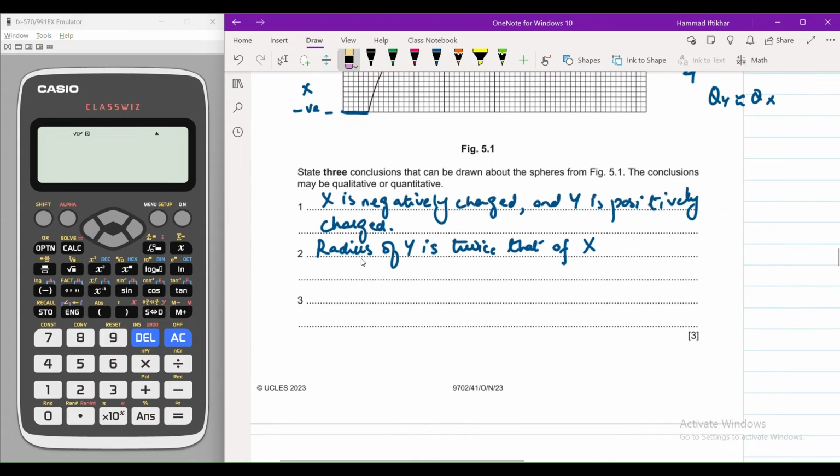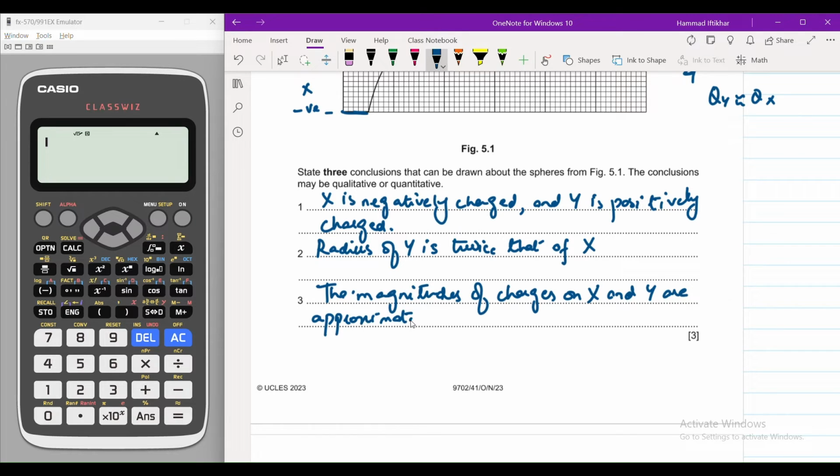So the magnitudes of the charges on X and Y are approximately equal to each other.